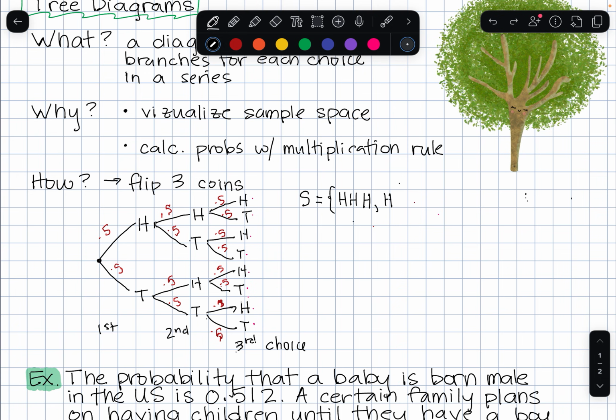Come on, pencil. And then I have heads, tails, heads. And then I have heads, tails, tails. And then moving down to the second branch this way, because this is all done, I get tails, heads, heads.